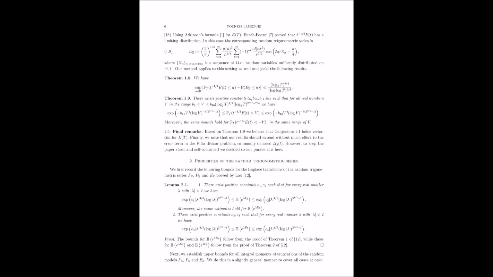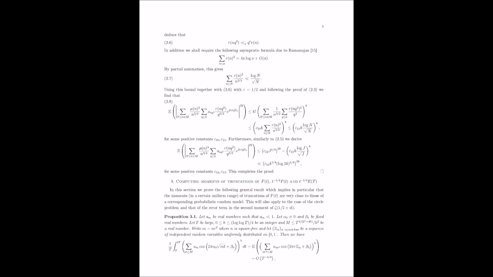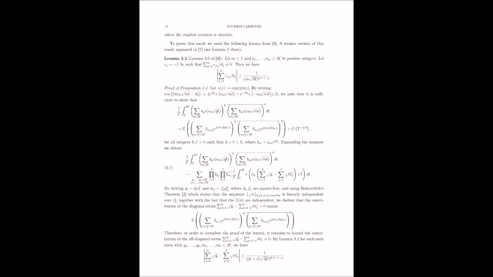Slightly different, you say. What kind of nuances make the circle problem stand out from its divisor counterpart? One key difference pops up in equation 2.6, where we encounter a different exponent. Compared to the analogous equation for the divisor problem, it's a subtle shift. But in the world of mathematics, even small changes can have profound implications. It's like these problems are speaking different dialects of the same mathematical language.